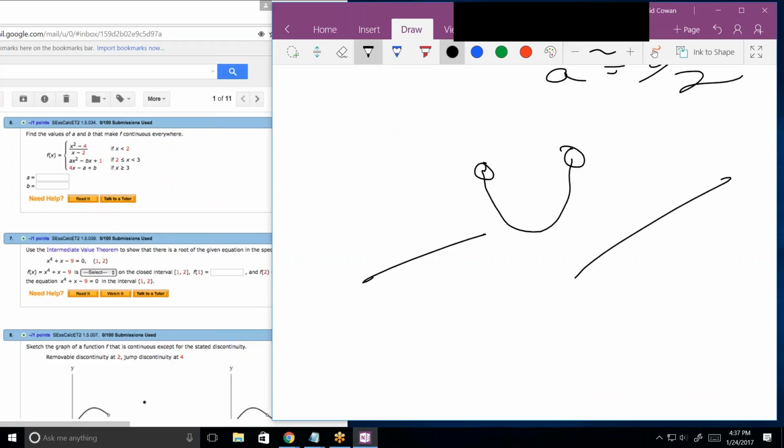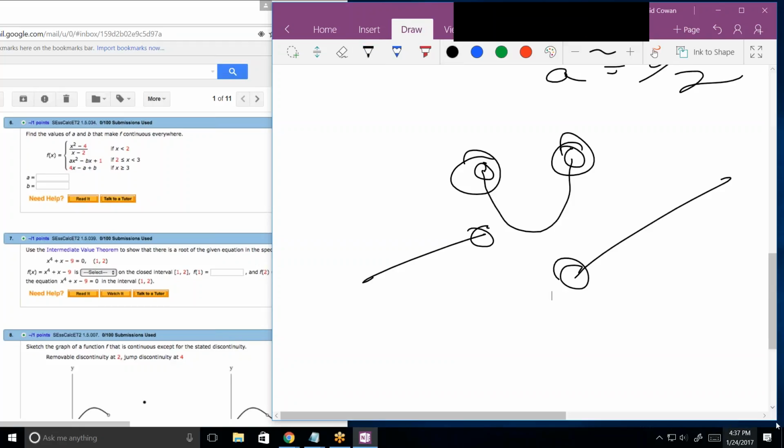That wouldn't be continuous. The only way it can possibly be continuous is if that point is on the same place as that point when x is 2, and if this point is on the same place as that point when x is 3. And that's what I did to generate those 2 equations.